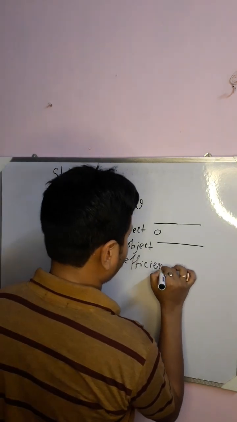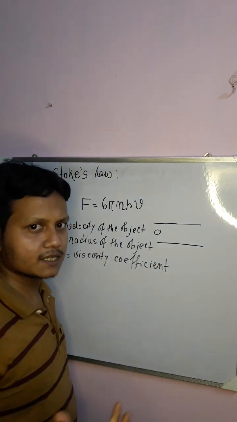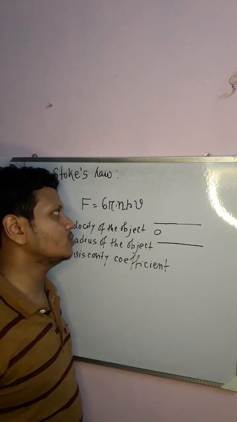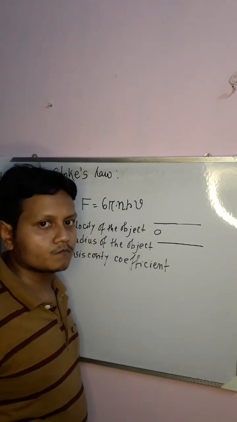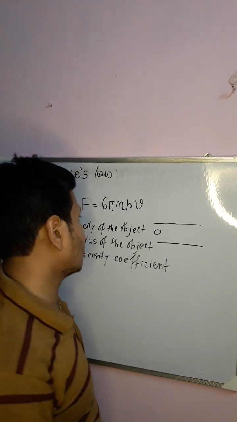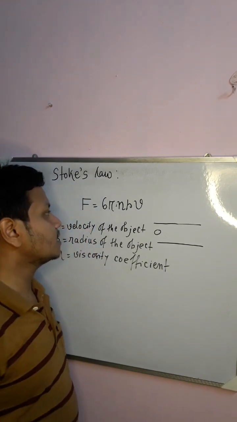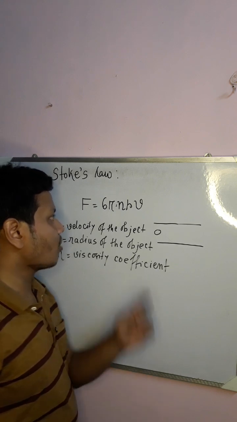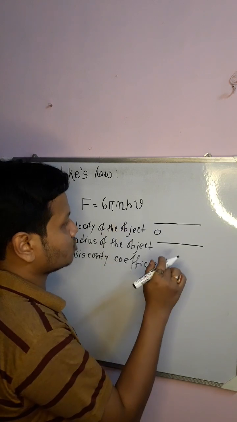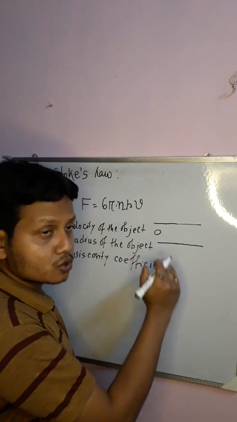Whenever a small sphere is passing through a homogeneous viscous liquid with a velocity v, the viscous force exerted upon the sphere is 6 pi eta r v. So this is Stokes law, that is, the viscous force offered by the medium to the motion of the body.